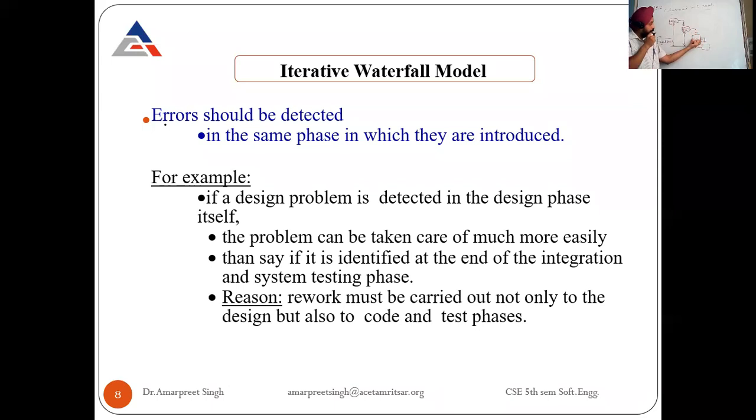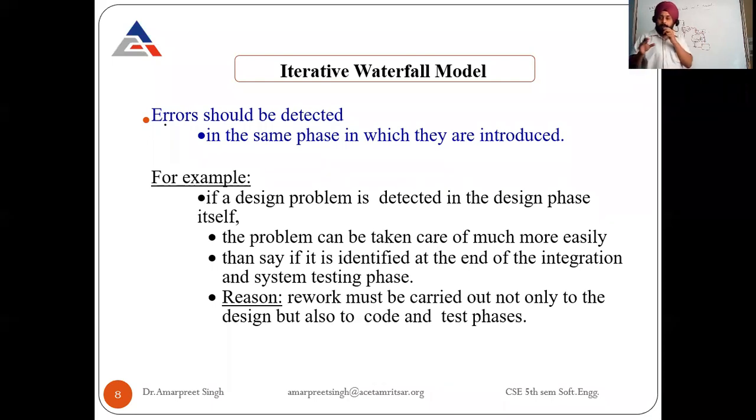Rework must be carried out not only to the design, but also to the code and test phases. Why? Because whatever change has been made in the design phase, corresponding changes have to be made in the coding phase and in the testing phase.